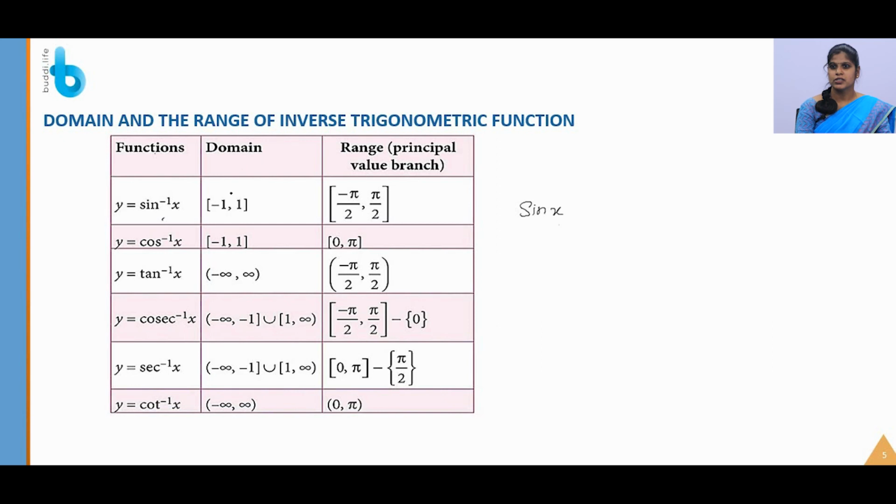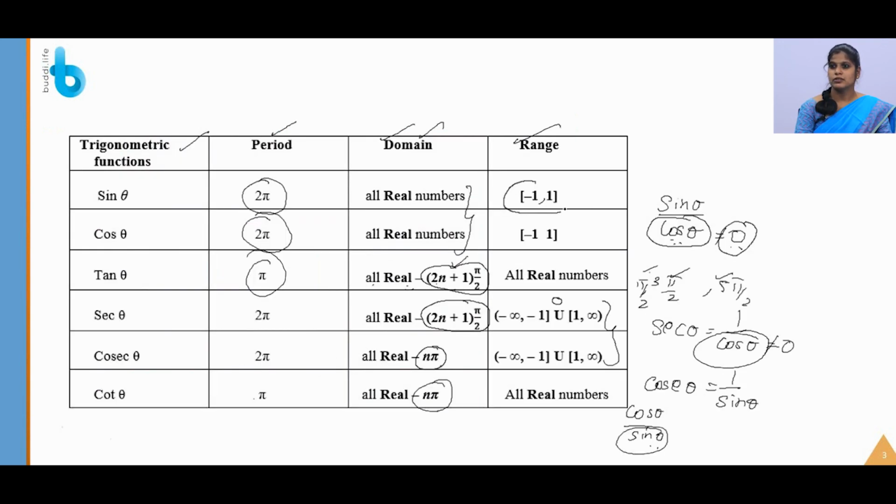Okay. So the domain will be the codomain, that is the range, of the sine function. This range will become the domain for the inverse function.